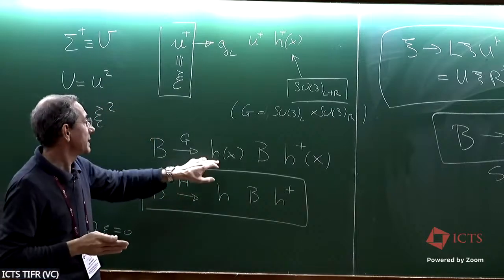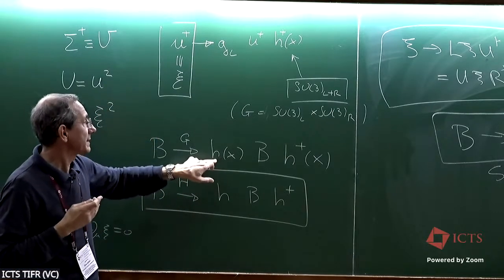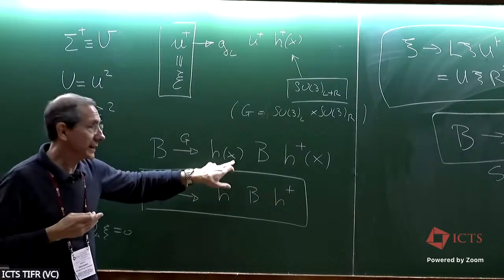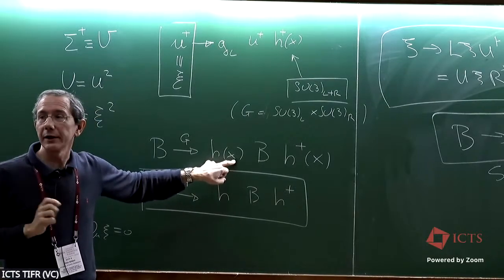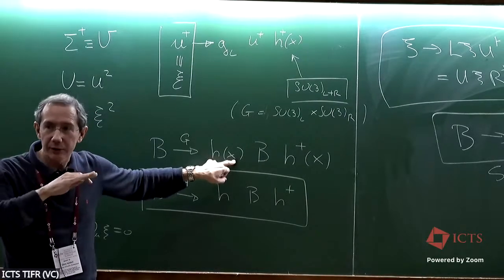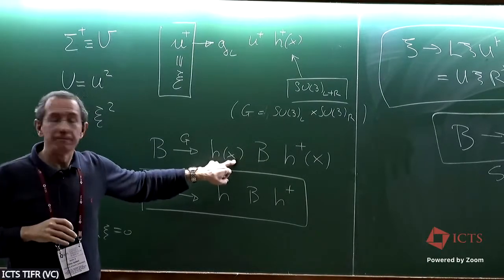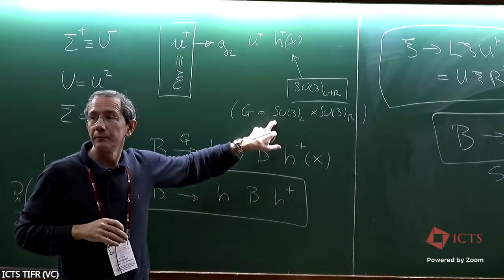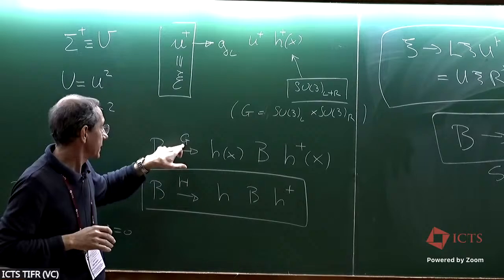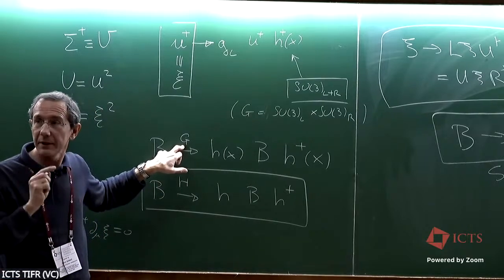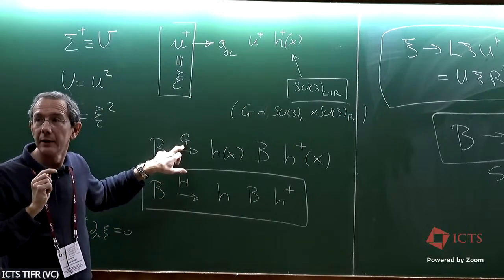So this is still an element of H, but it's an H-dependent element, which depends on your pion coordinate, because now you decide to explore the full structure of G. So you're not only doing a transformation under H, but under the big group.